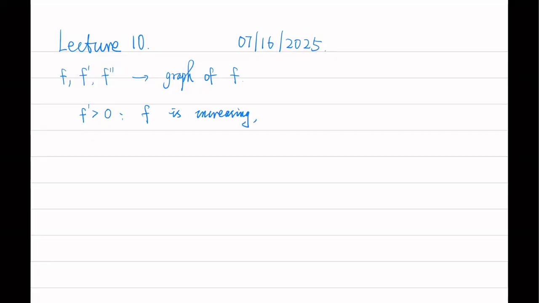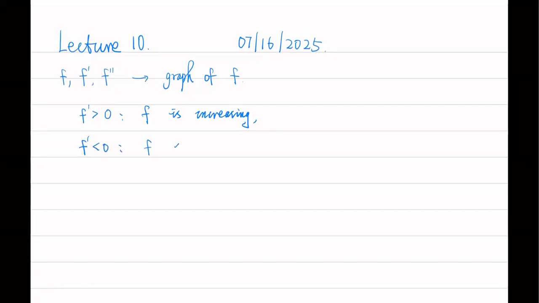When the derivative is negative, the function is decreasing. Okay, that's easy, very easy to say. Increasing, something like this, decreasing.